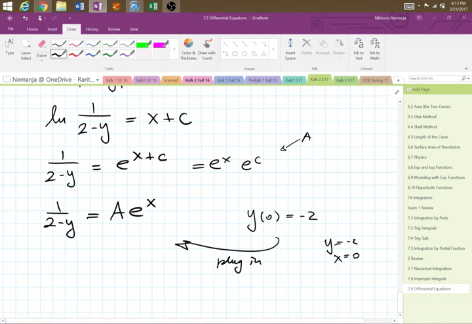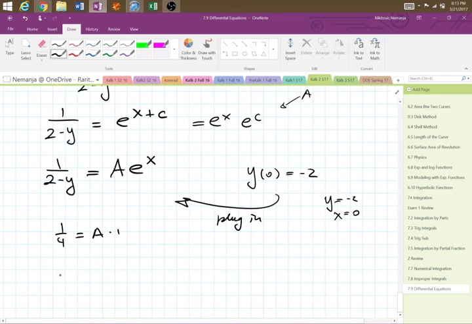So now when I plug that in, I get 1/4 is equal to A e to the 0, which is 1. So A is 1/4. Plug that in. So 1 over 2 minus y is equal to e to the x over 4. Now I need to solve this for y, and I have the solution.